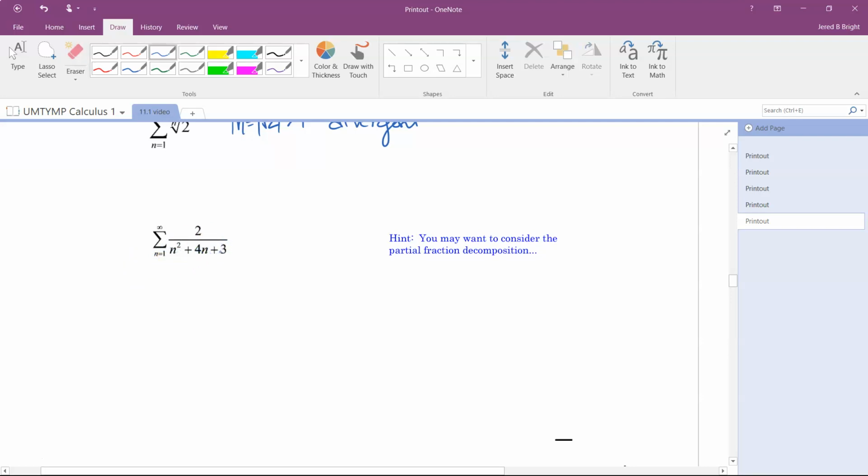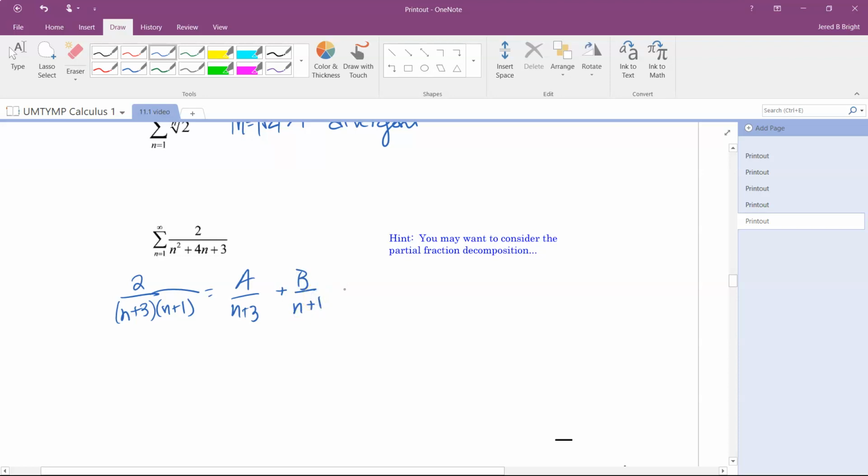Why do we care? This is going to be 2 over n plus 3 times n plus 1, and then I can do partial fraction decomposition, a over n plus 3, plus b over n plus 1.